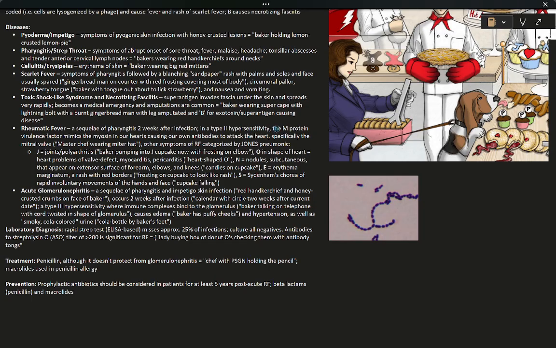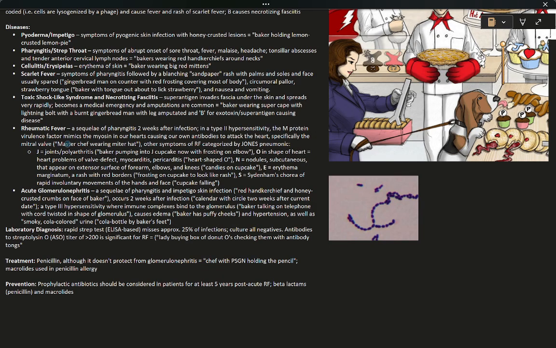The M protein virulence factor will mimic the myosin structure that happens to be in our heart muscles, and it causes our own antibodies to attack the heart, and that specifically may affect the mitral valve.